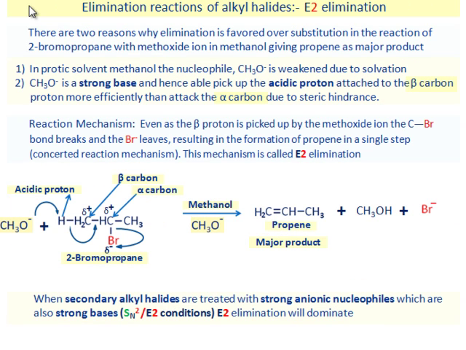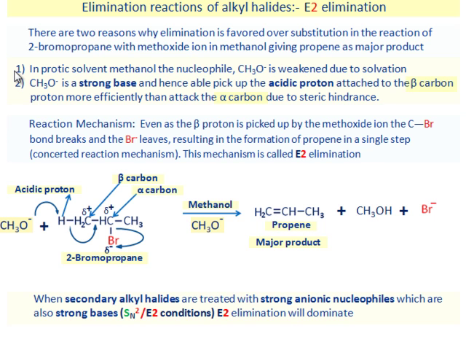Elimination reactions of alkyl halides. E2 elimination. There are two reasons why elimination is favored over substitution in the reaction of 2-bromopropane with methoxide ion in methanol, giving propene as major product. 1.